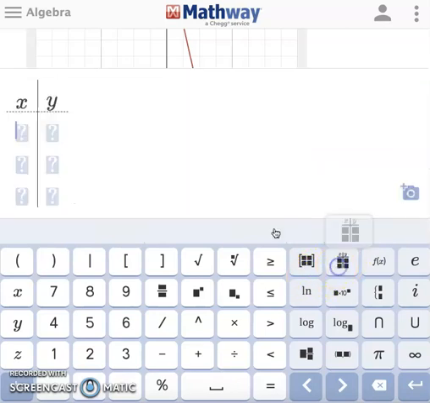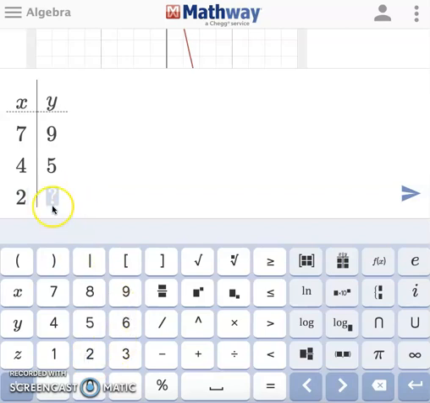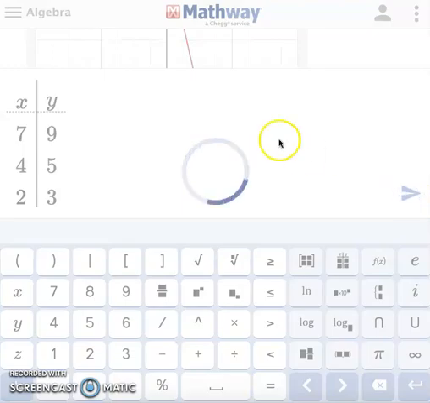And if we're wanting to do something a little bit different, let's just plug in numbers here. Let's say 4, 9, 5, 2, and 3. Okay, go ahead and hit there.